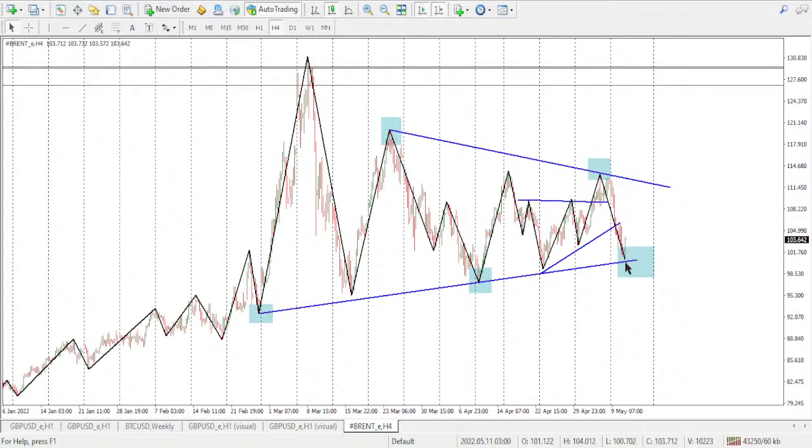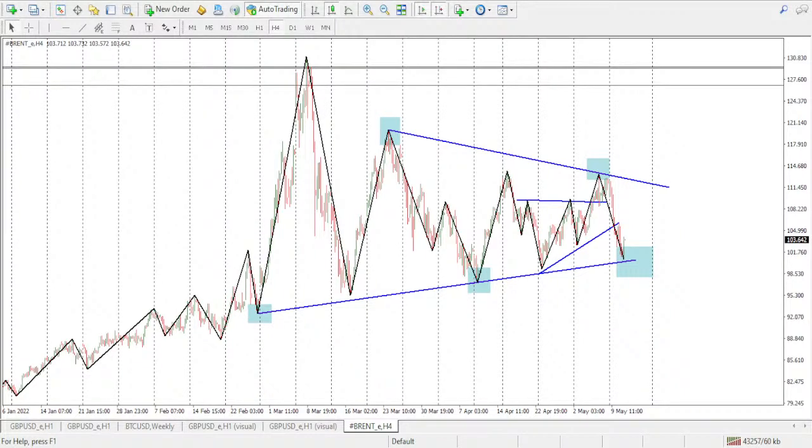If the price can come back and touch this lower line, then that will give us the ideal place to look for a buy from. So technically on the Brent oil, we are strictly looking for buy positions. We're not going to sell it now, even if the price gets to this point, but we want the price to give us a good buy signal here so that we pick that buy back to this trend line here. I hope that makes some sense.